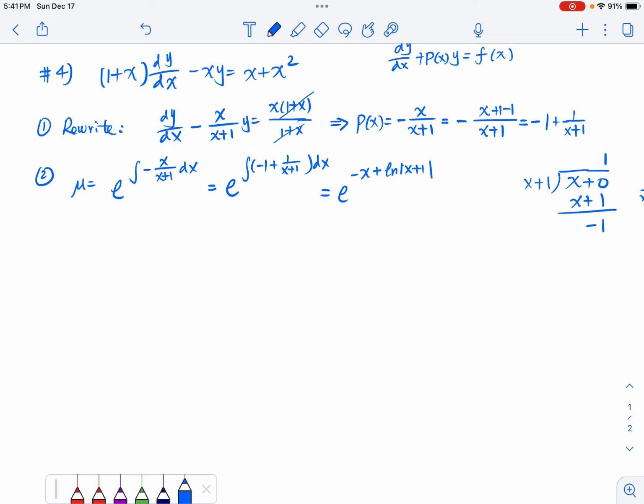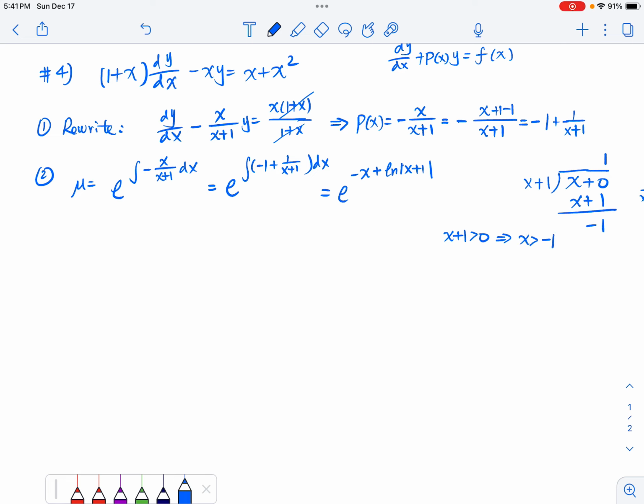Now, sometimes we want to simplify our solution, so let's find a region for x so that we can just use ln of x plus 1 without the absolute value sign. If x plus 1 is greater than 0, then we can skip the absolute value sign. This is the same as saying x is greater than negative 1, right?